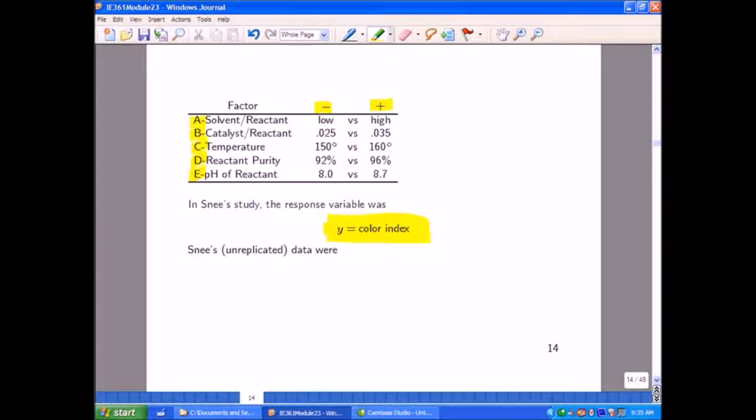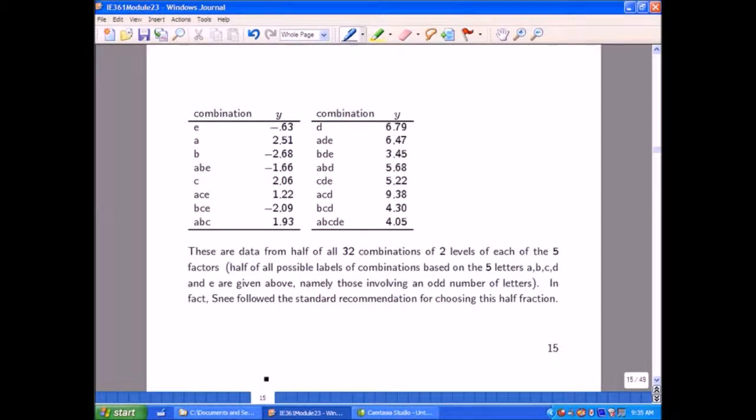And what we're going to talk about is not a 2 to the 5th, but half of a 2 to the 5th. So we're going to talk about a 2 to the 5 minus 1 so-called fractional factorial. And here are the combinations that SNE actually used in his study.